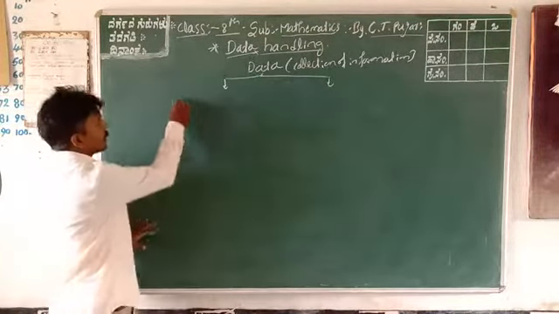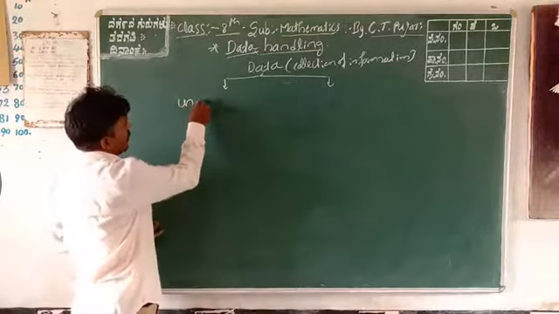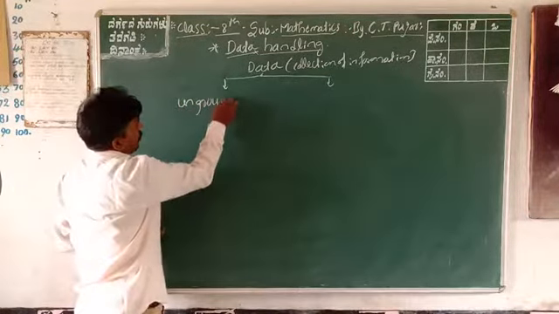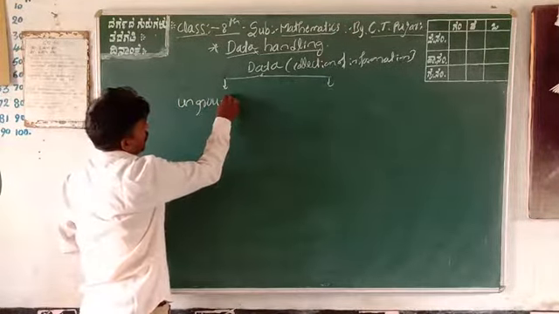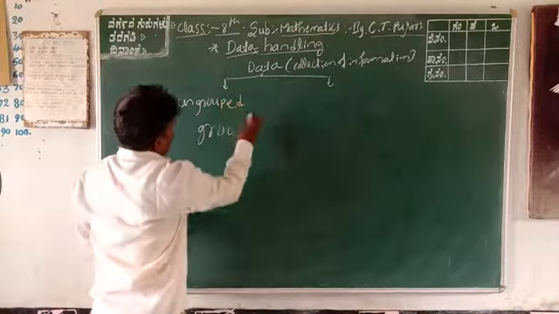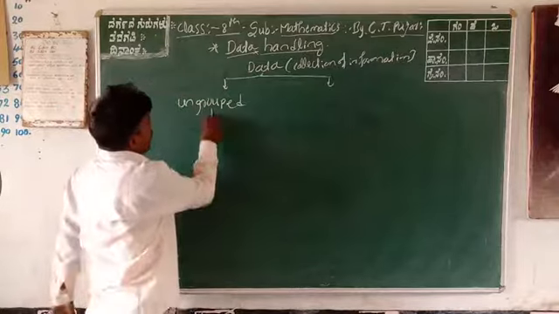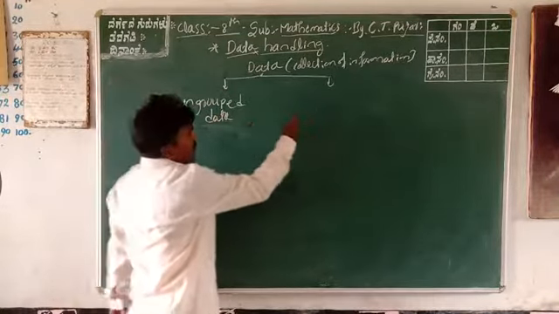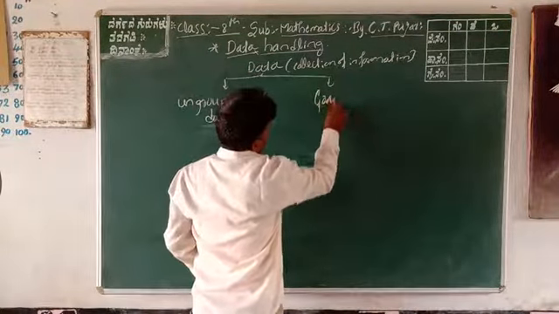One is ungrouped data, and the second one is grouped data.